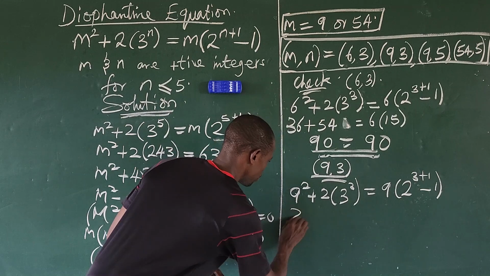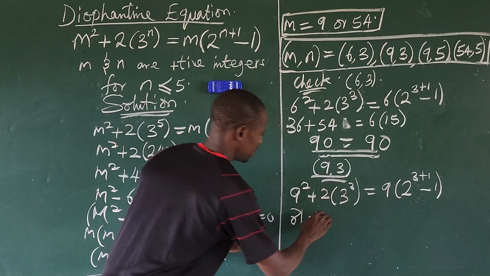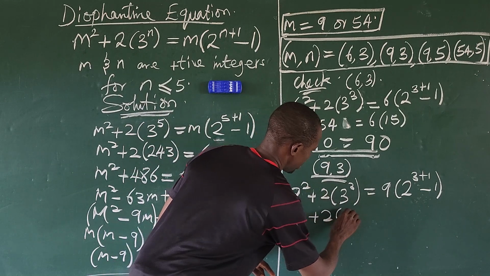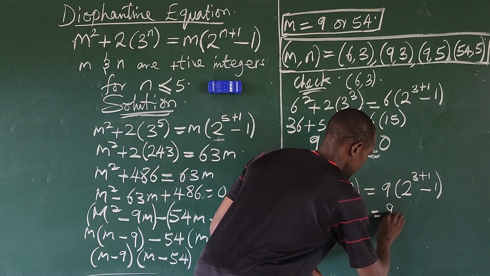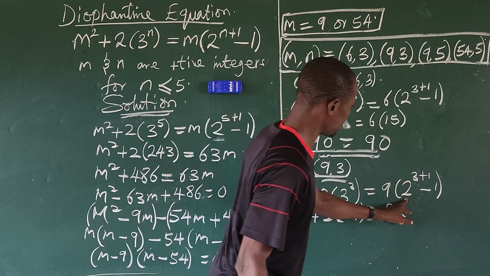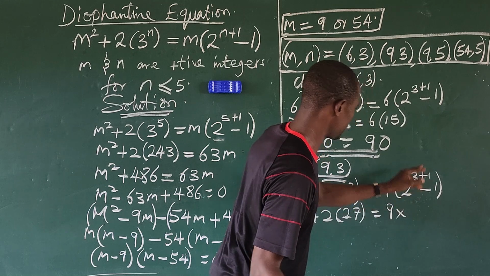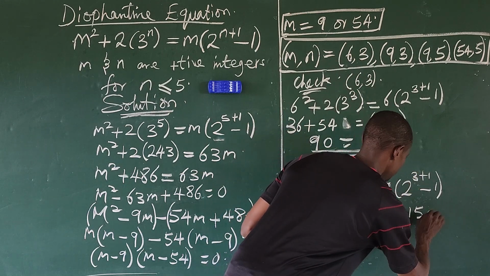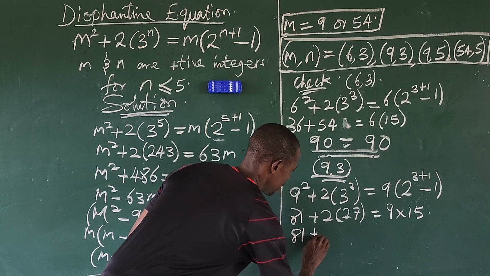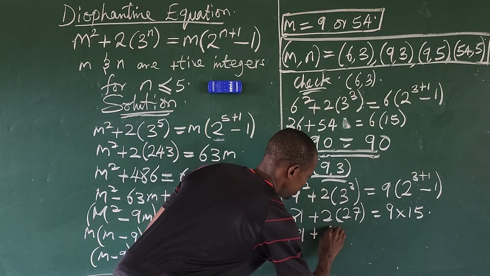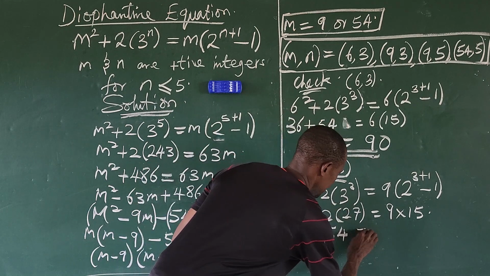So here we have 81 plus 2 times 27, equal to 9 times. This time we're going to get the same thing, which is 15. So here we have 15.